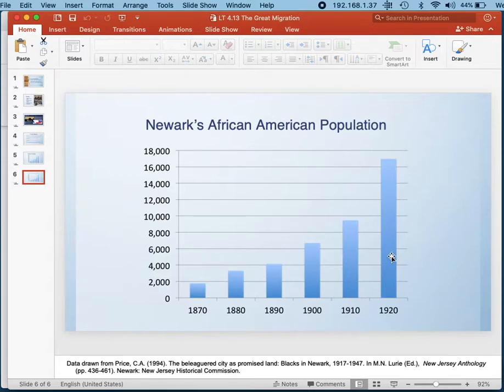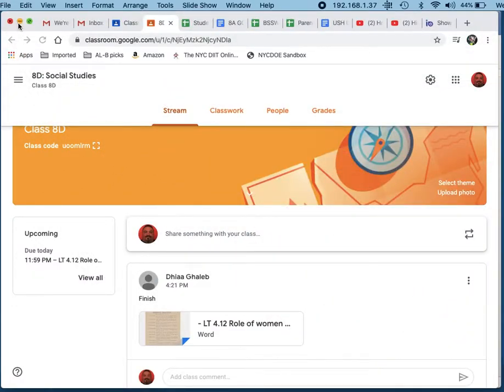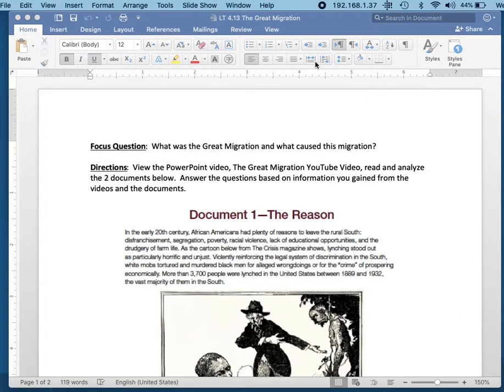So once you are done viewing the PowerPoint slide that I gave you, attached to your assignment will also be a YouTube video. All you have to do is click on the link and it will give you more information about the Great Migration. So let's take a look at the document that you'll be working on to fulfill your assignment.